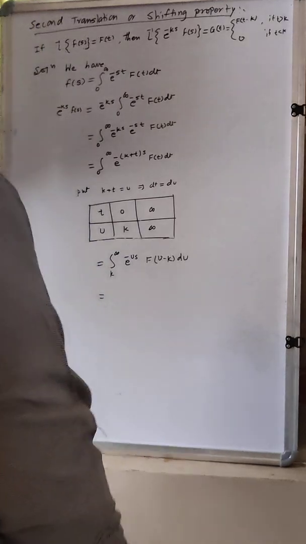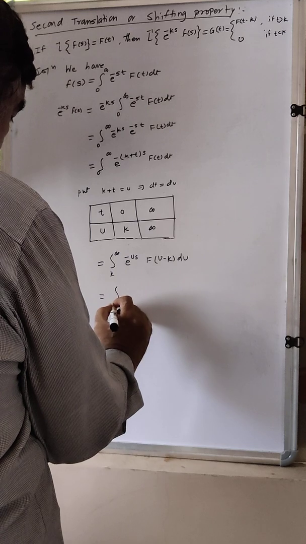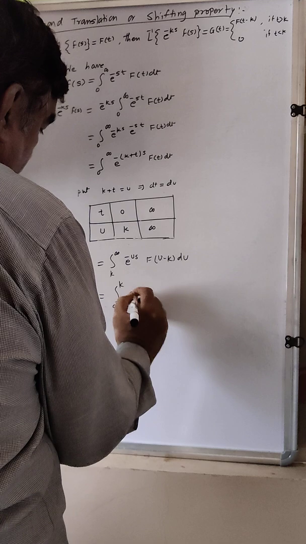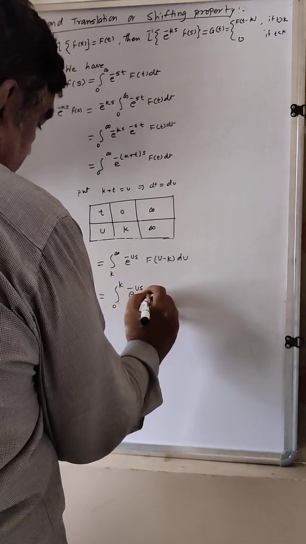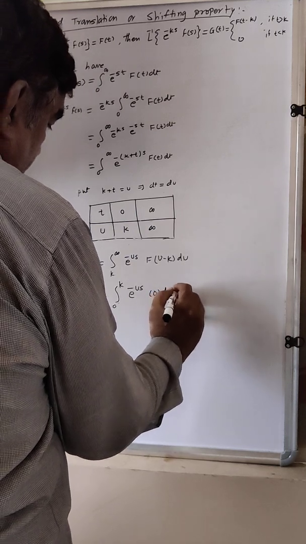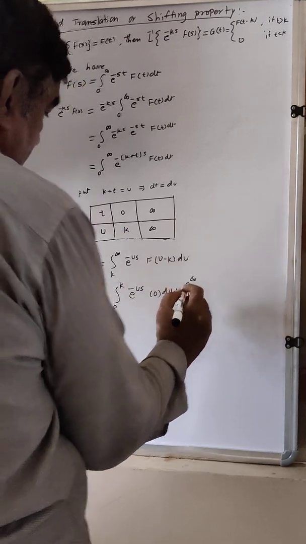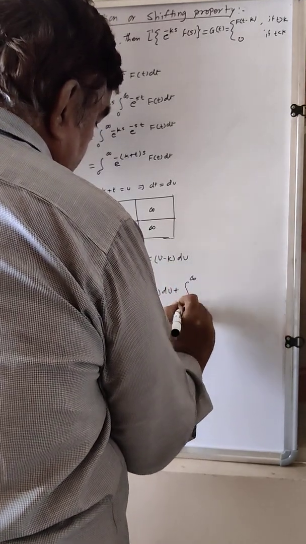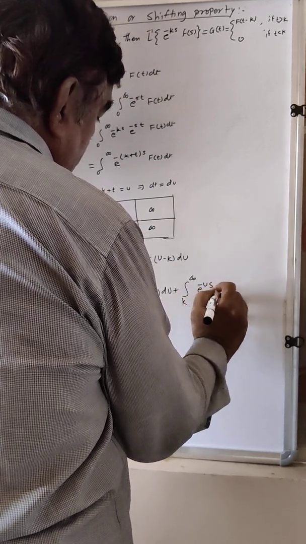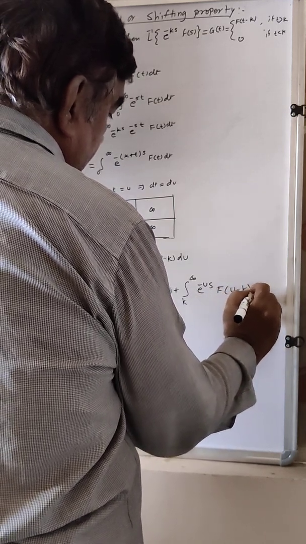This is equal to, from 0 to infinity, from 0 to k, e raised to minus us, we take here 0 du, plus from k to infinity e raised to minus us f of (u minus k) du.